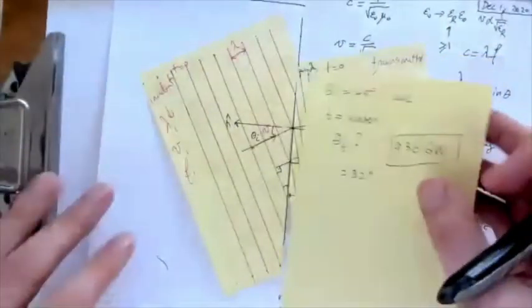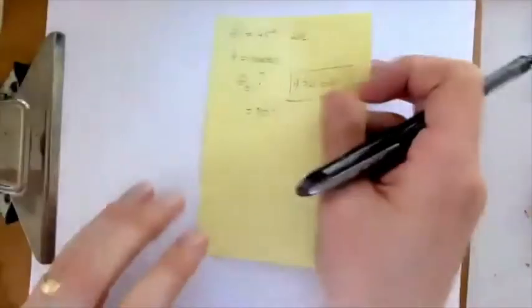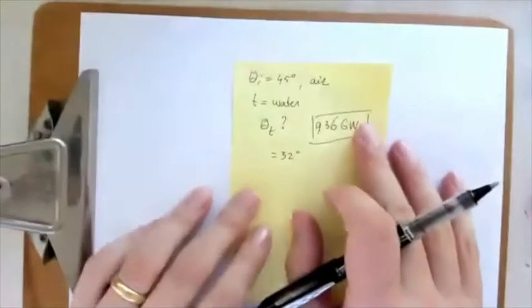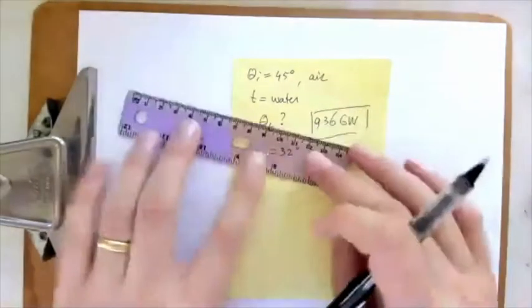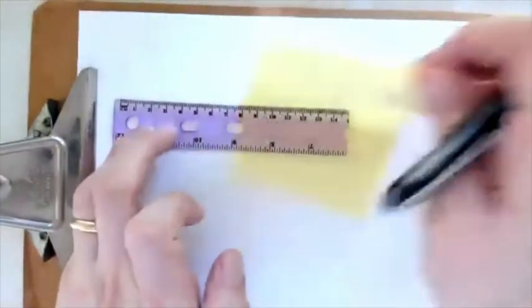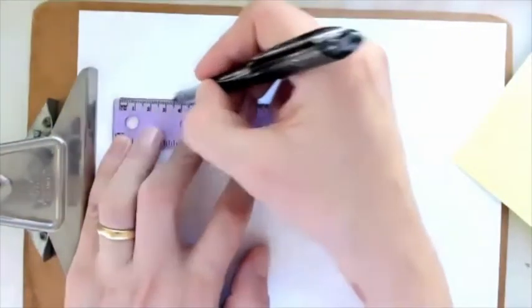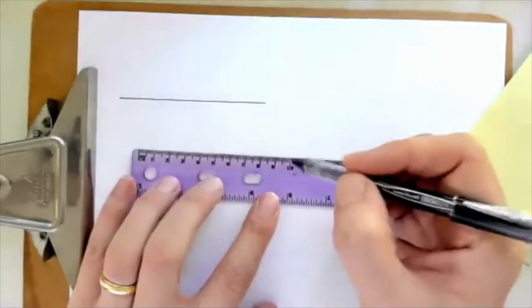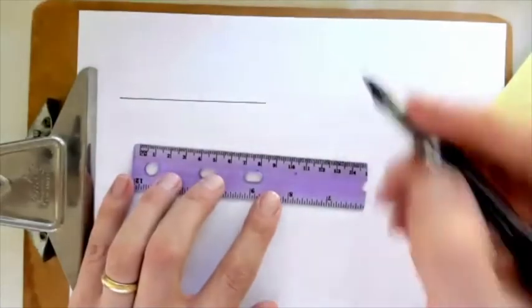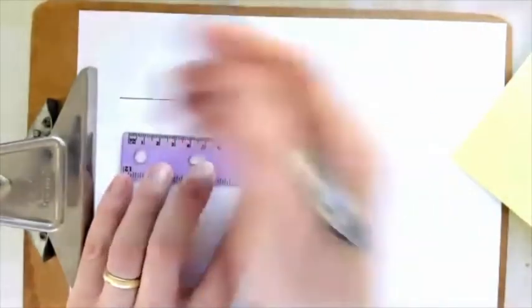Well, let's see what happens if this is actually going on. It's the same two media, but now we're not looking at a medium where the boundary is vertical, it's horizontal.